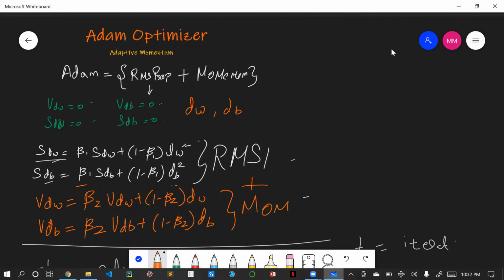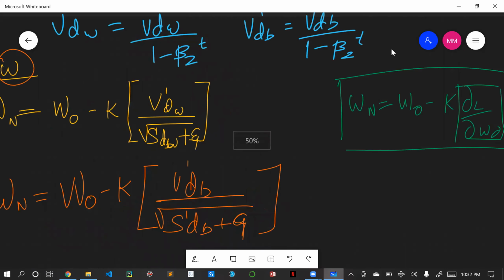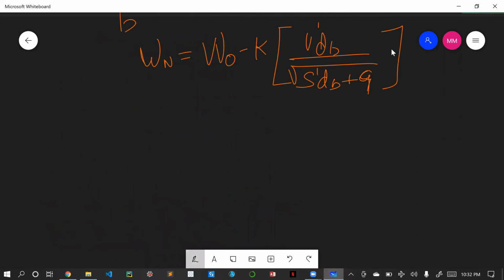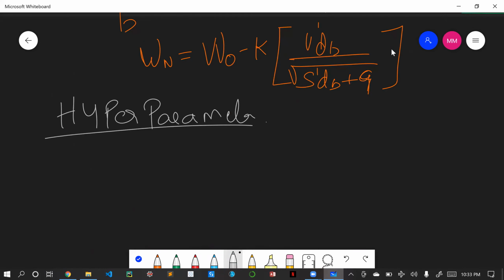Just think how many hyperparameters we are using here. If we just consider, we'll make a box. How many hyperparameters do we have? Initially we'll take the learning rate. This is one hyperparameter, right?